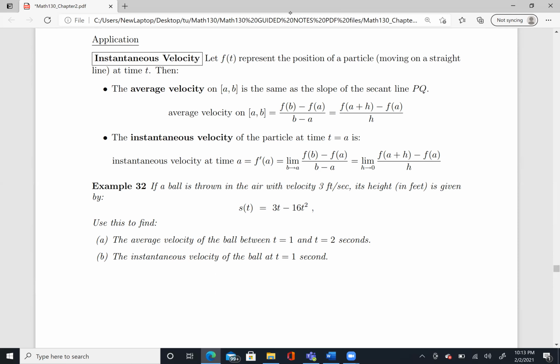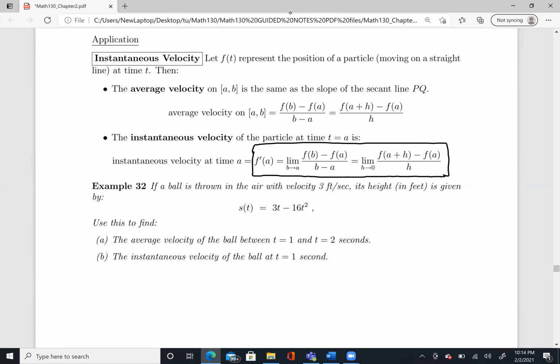And the second one is called the instantaneous velocity of the particle at time t equals a, which is f prime of a, and we can use both of these two forms to find the instantaneous velocity.